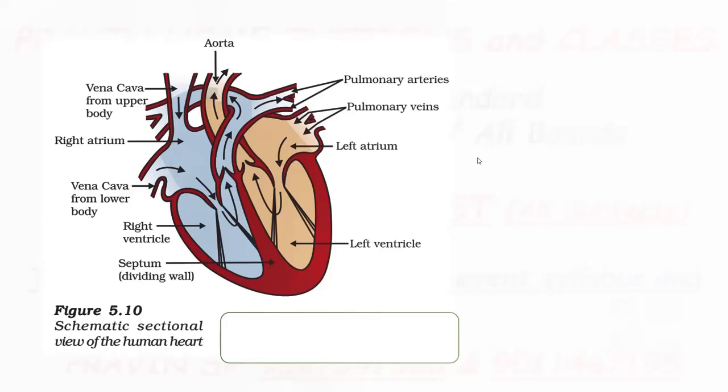This process is called oxygenation. This oxygenated blood from the lung is again transported back to the heart, and from the heart this oxygenated blood is circulated to the rest of the body.